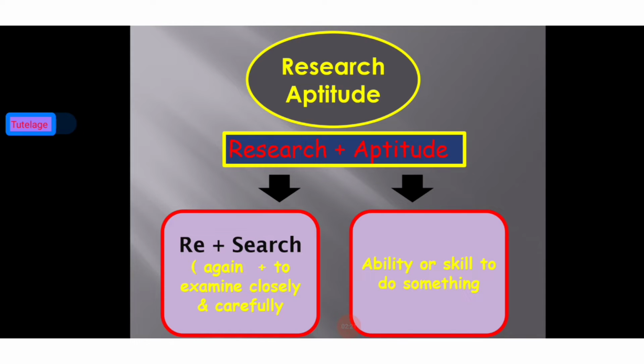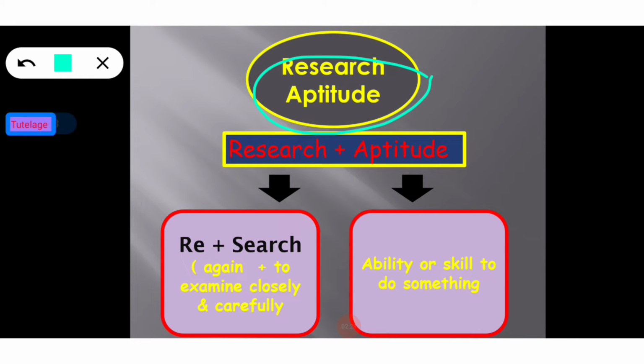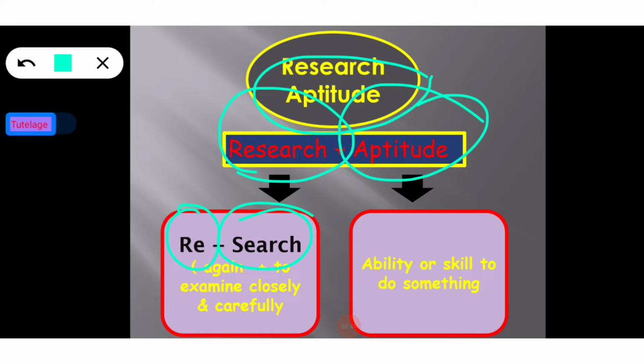So this is the first section of research aptitude. Research aptitude is made up of two terms: first one is research and second one is aptitude. Research again is made up of two terms, re and search. Re means again, anew or over again, and search means to examine closely and carefully.